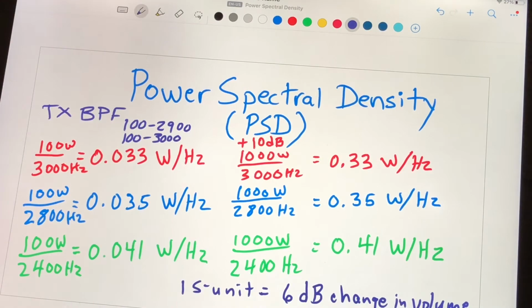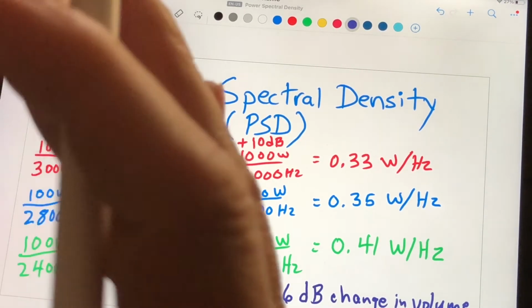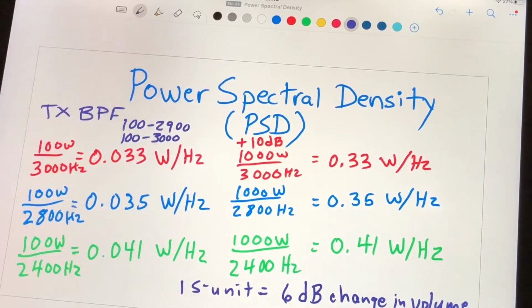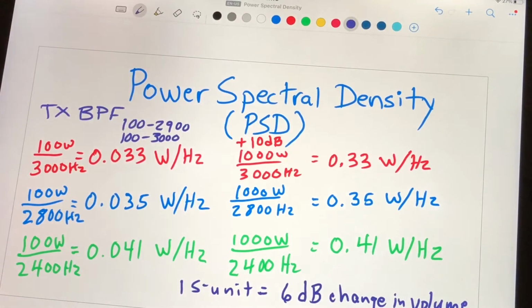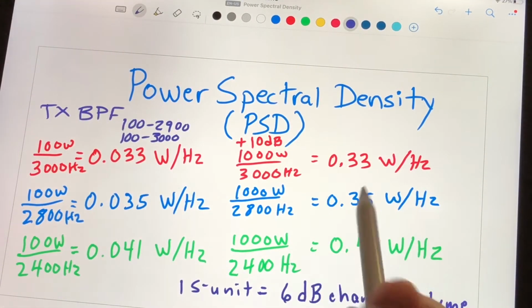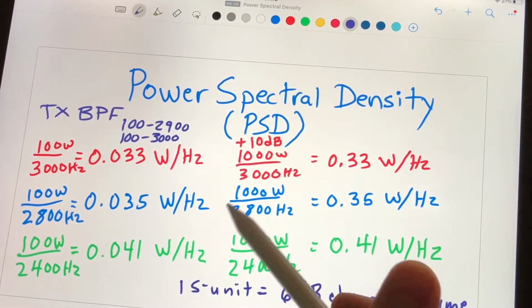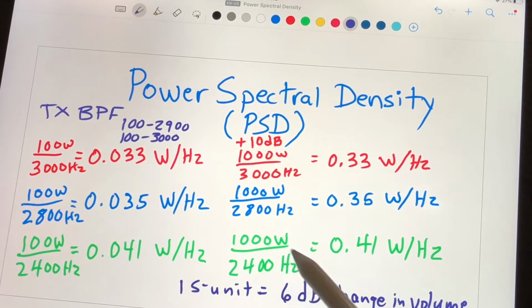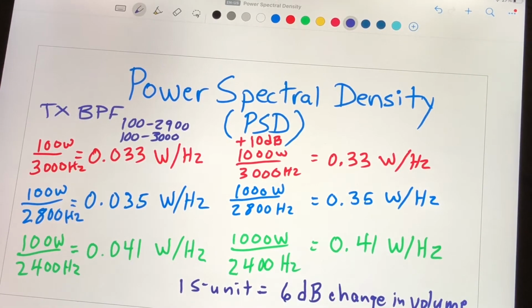So you're getting a little bit more power per hertz in the audio spectrum by running a little bit more narrow, okay? Or even much more narrow if you want to consider the 2,400 hertz.